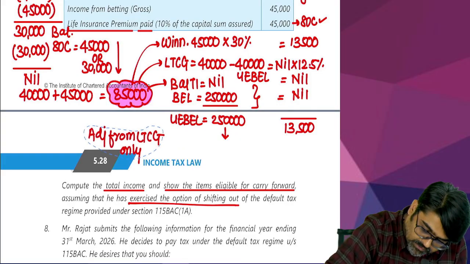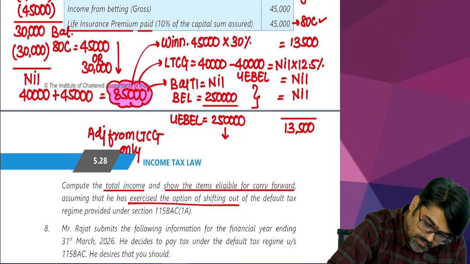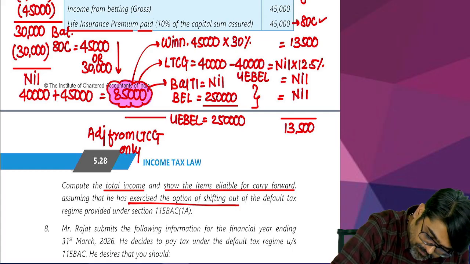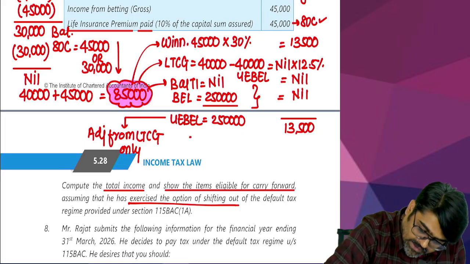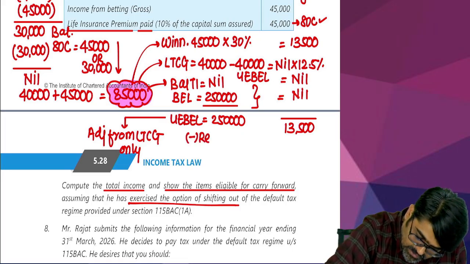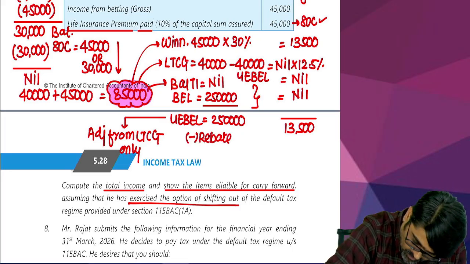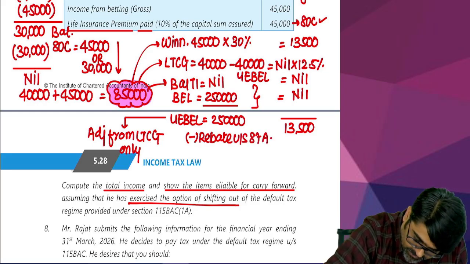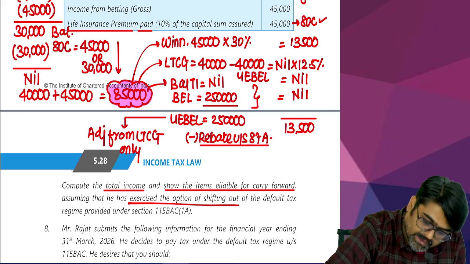I will shift this side. This unexhausted basic exemption limit can be adjusted from LTCG, and from this I will take what? Less rebate, because I am eligible to get that rebate, guys. So I will take 87A. But how much rebate can I take?